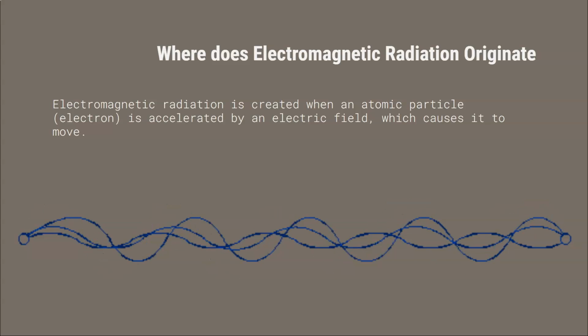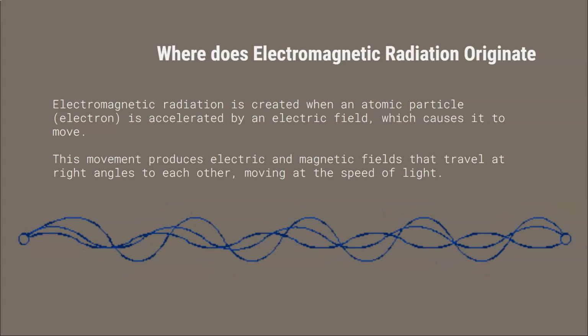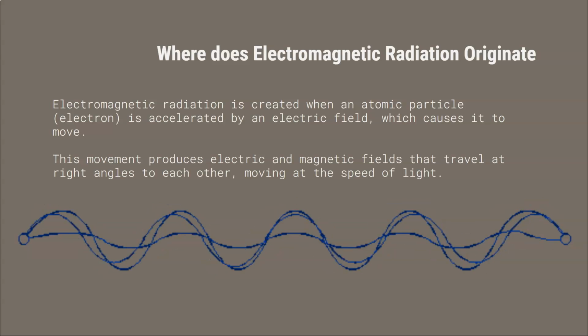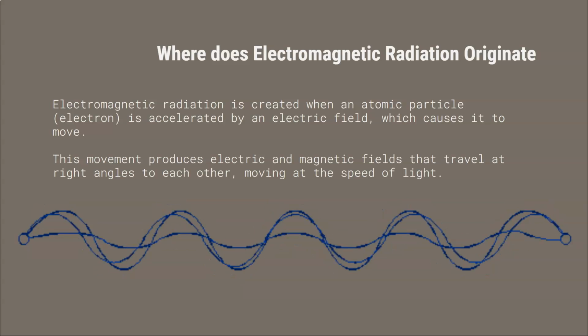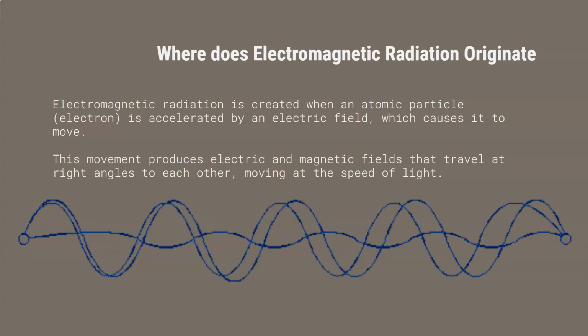An electron can be accelerated by an electric field, which causes it to move. This movement produces both an electric and magnetic field that travel at right angles to each other, moving at the speed of light. Now, in this diagram you're seeing on your screen, you can see the highs and lows of these wavelengths. What you cannot see is there's a third line, and instead of going up and down, it's going out and in.